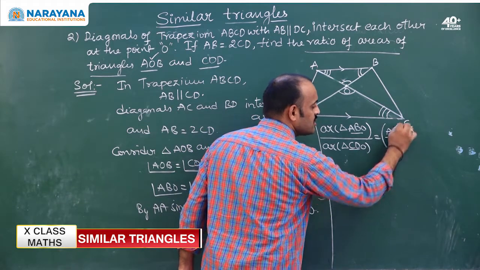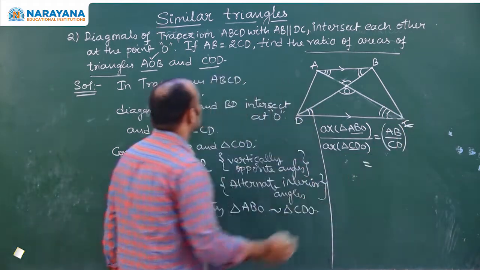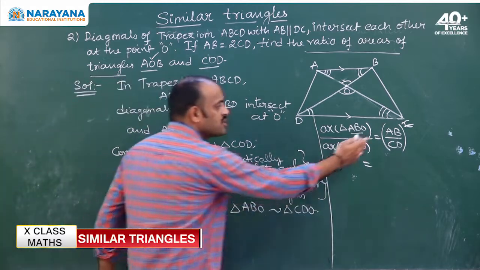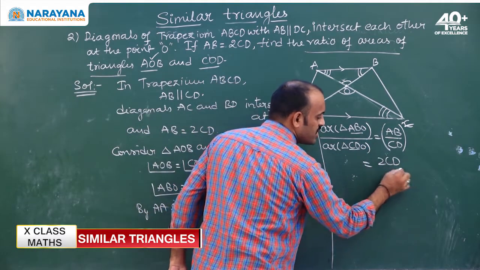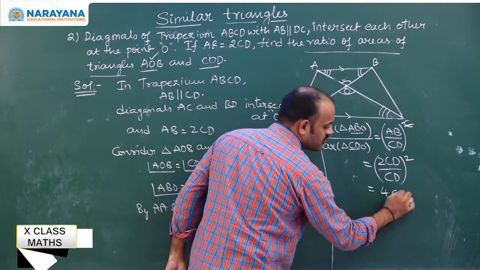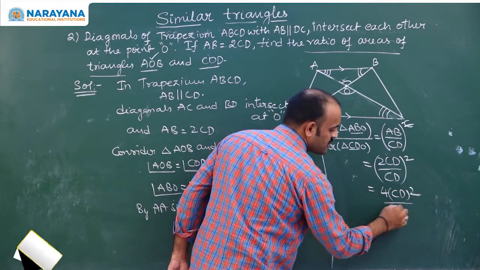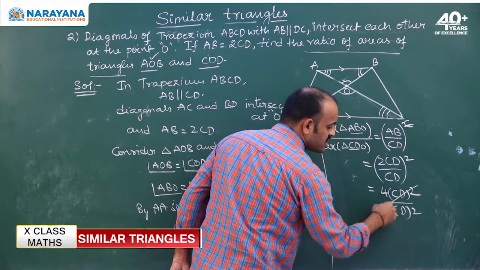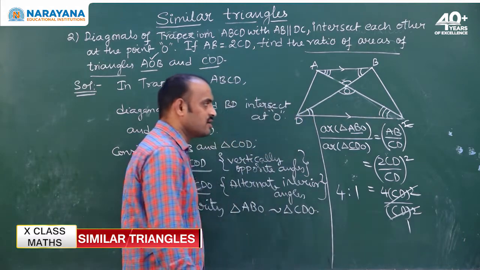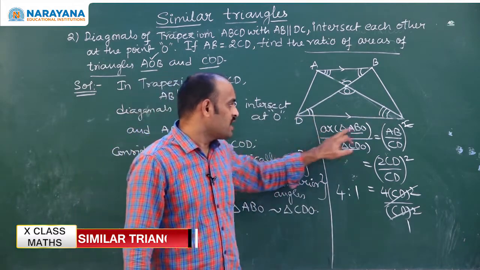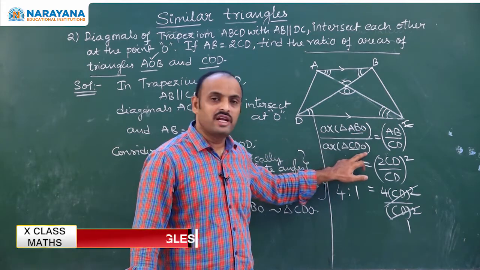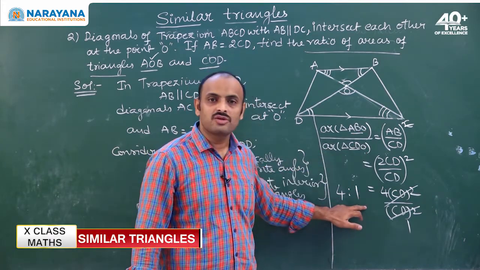But he has given that AB is equal to 2CD, substitute 2CD, 2CD by CD whole square, which is 4CD square by CD square. CD square and CD square get cancelled, which is 4:1. Therefore, area of triangle ABO to area of triangle CDO is equal to 4:1.